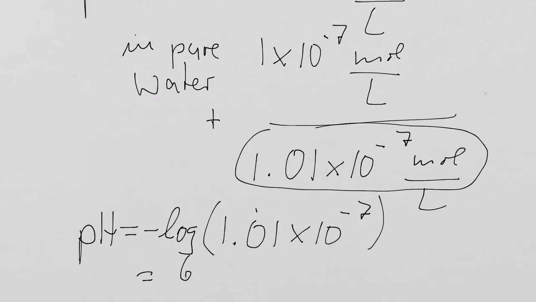Equals 6.99. Acid or base? It's just a little bit below neutral, but it's still on the acidy side. Hallelujah, praise the Lord. We didn't convert an acid into a base all of a sudden.